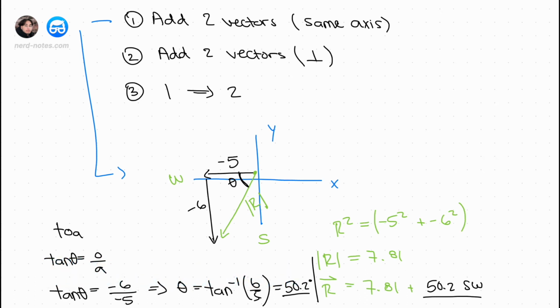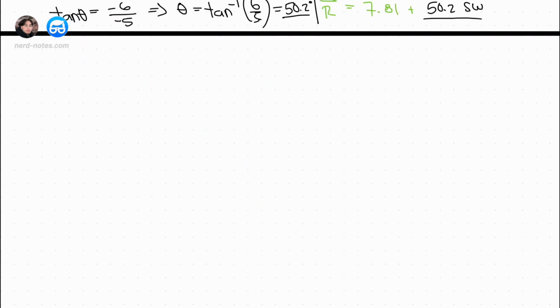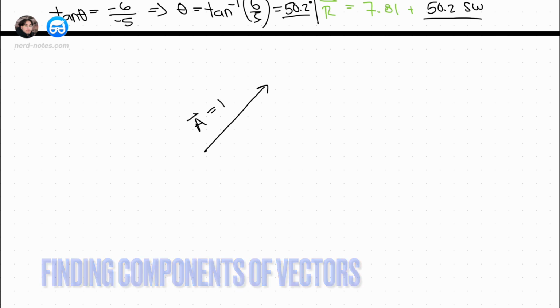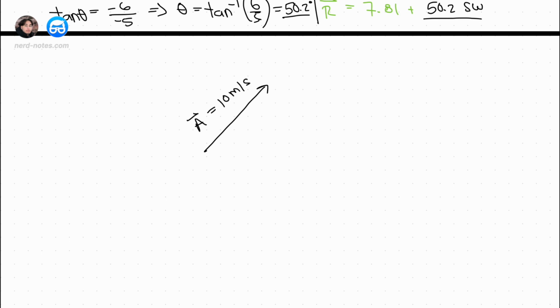Okay, lastly, we're going to cover how to take one vector and make it two. So I'm going to go ahead and draw a vector in a random direction. Let's call this vector A, and give it a velocity of 10 meters per second.